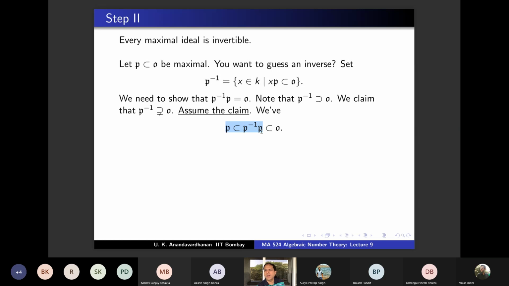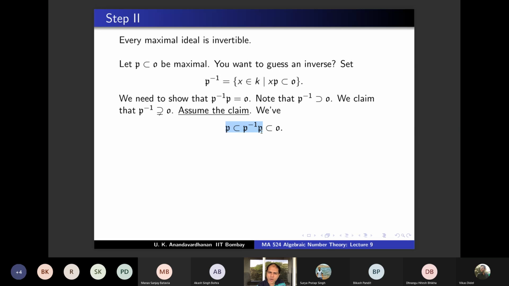In the very first time when we started integrality, we showed that X is integral over A is equivalent to there being a finitely generated A module M contained in the field such that X times M is contained in M. So that is integrality. So if X belongs to P inverse, and if P inverse P is P, then X times P is contained in P. P is finitely generated. Therefore, X will be integral over O.